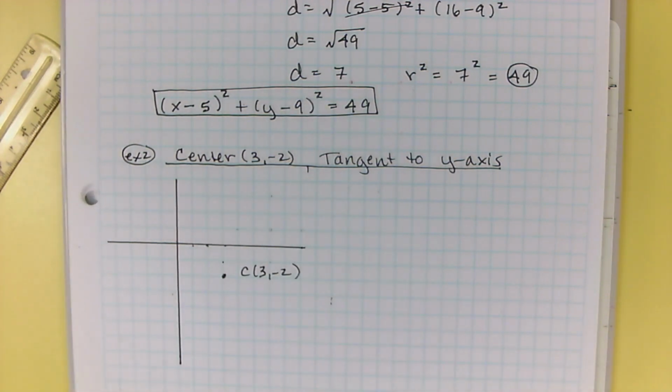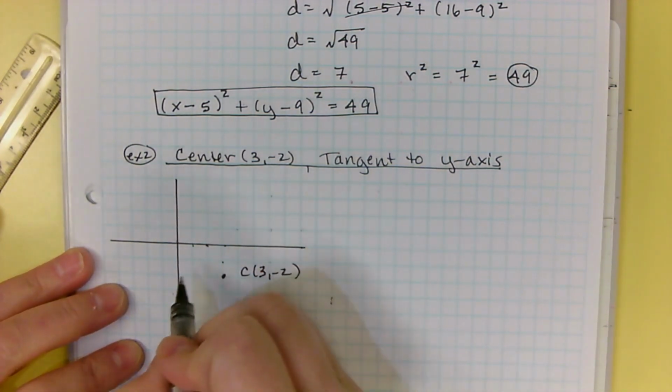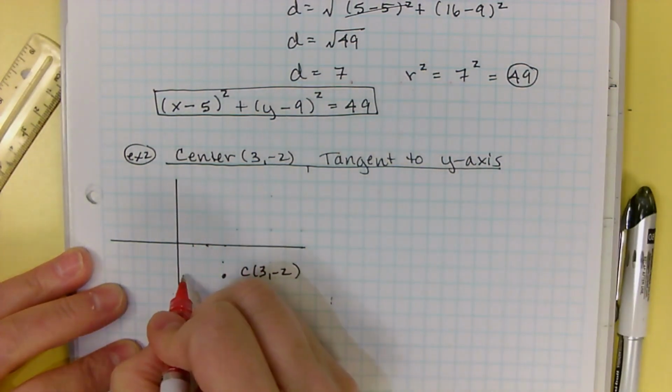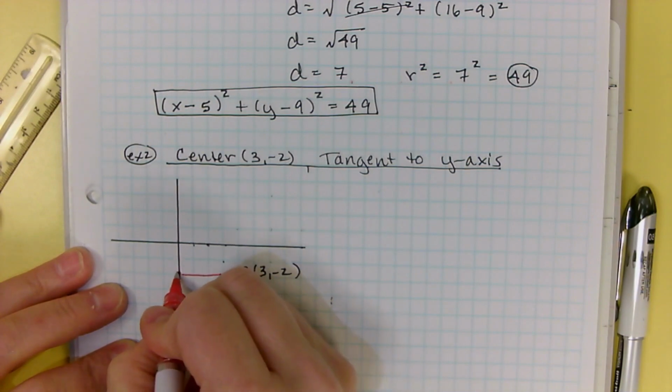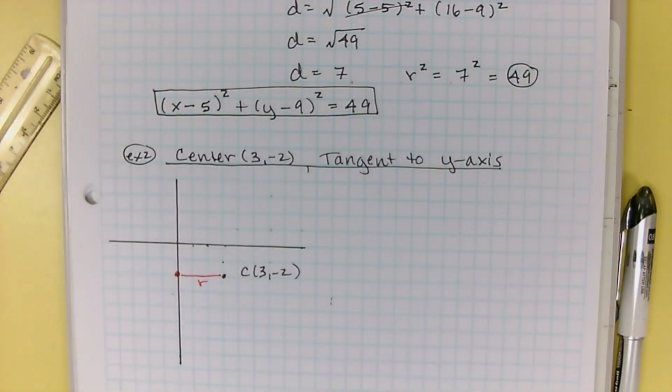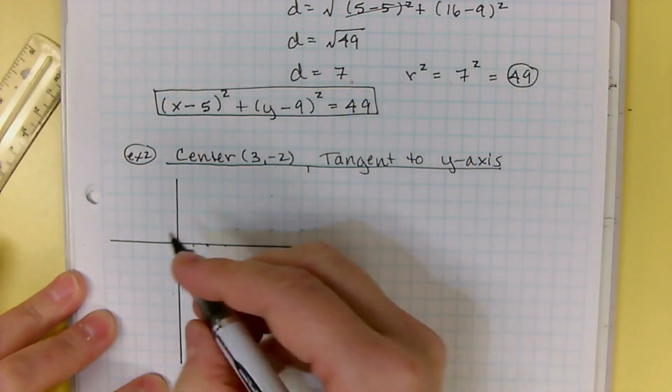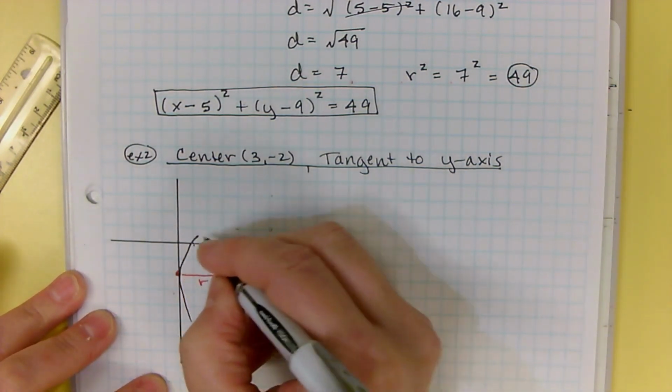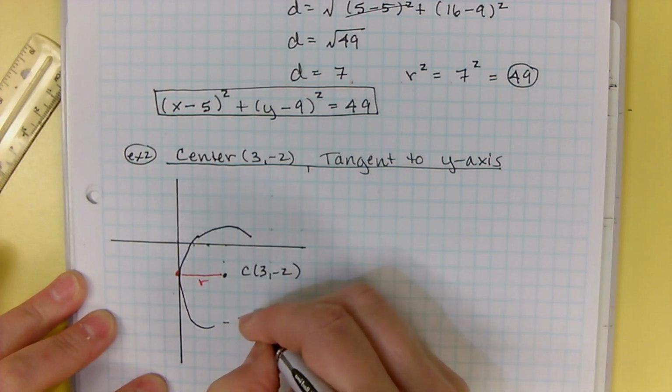And it says it's tangent to the y-axis. Tangent means it only touches it at one point. The only way that is possible is if the very side of the circle is touching it. That's the only way it could possibly be just tangent.